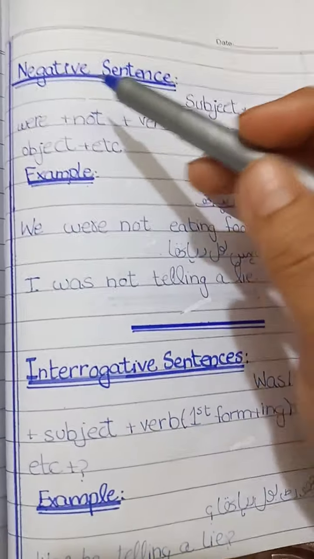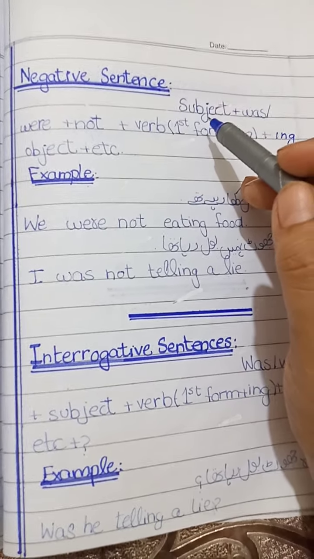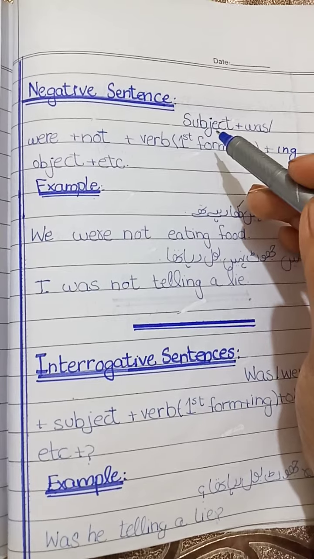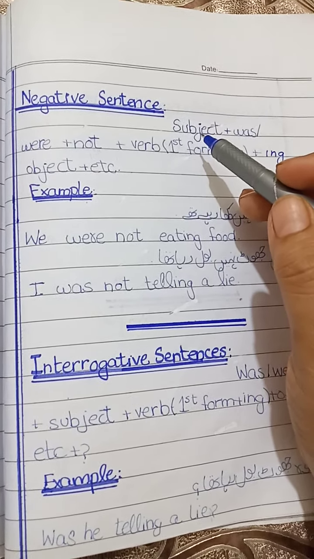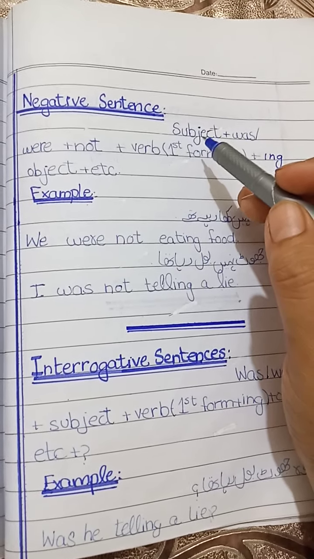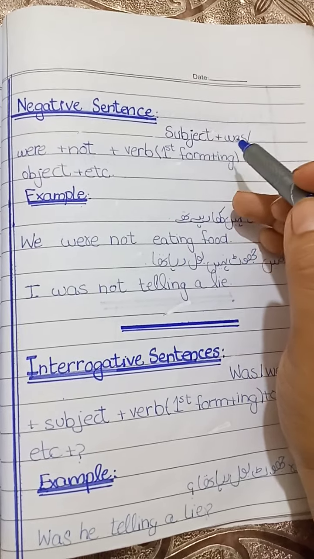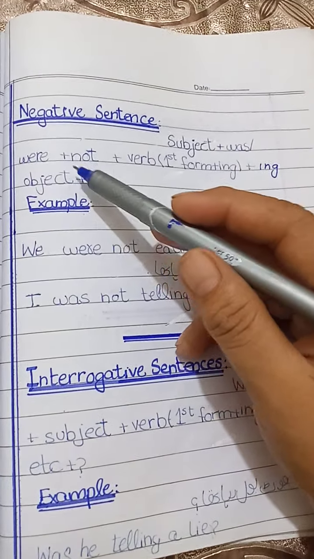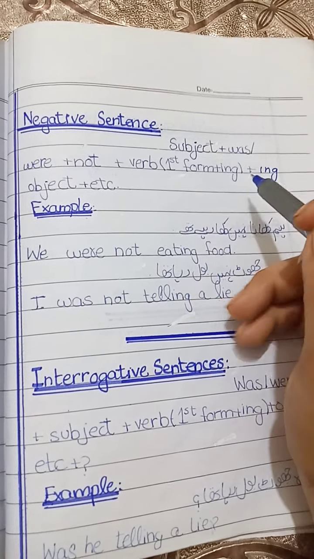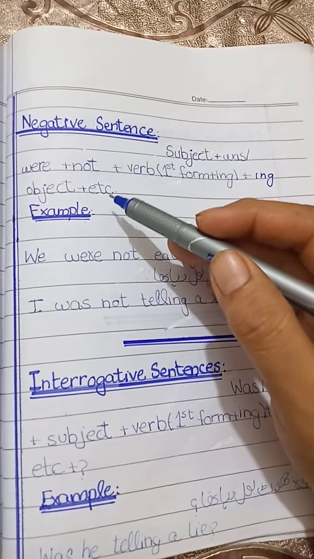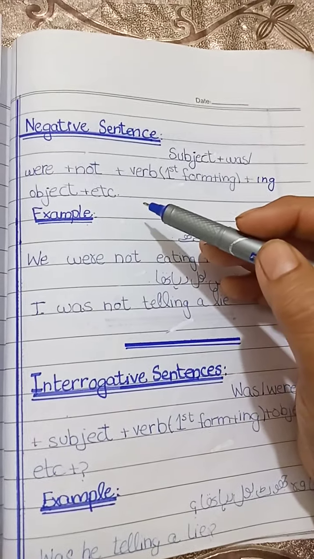Now we will learn the formation of negative sentences of past continuous tense. As we all know that in negative sentences we use not. So when we are going to translate past continuous sentence, first of all the subject will come, then the helping verb was and were, then comes not, then we will use first form of verb with ing, then comes the object, and if there are any other details we use the remaining part of the sentence.